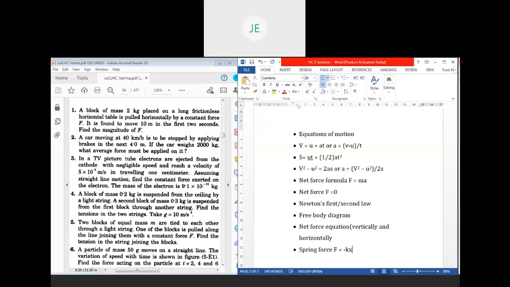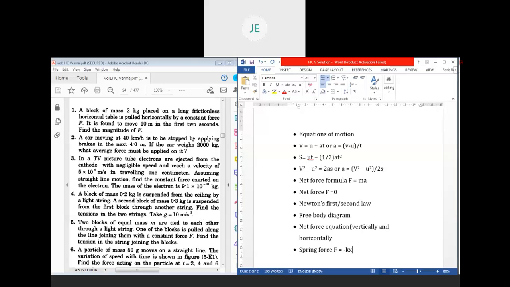So minus kx, minus why? When you compress it and release the load, it immediately attains the normal mode. So it acts opposite to the applied force, and that is why minus.